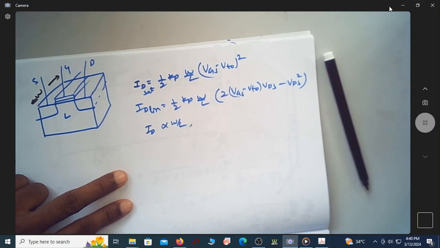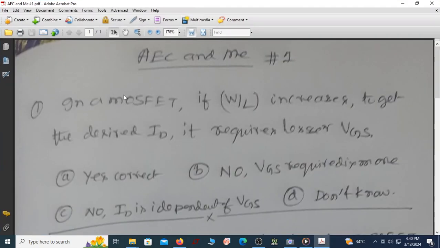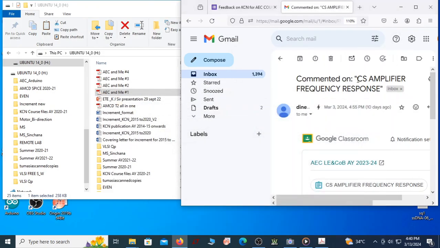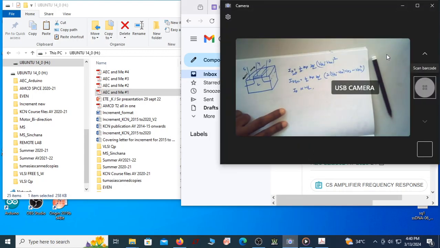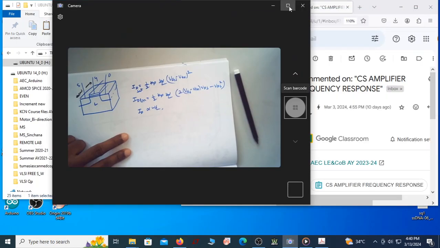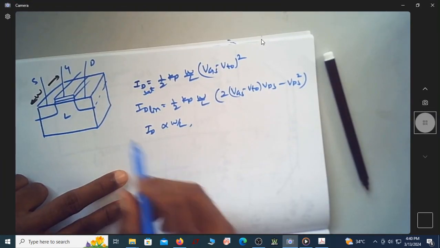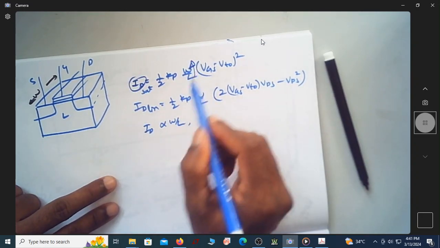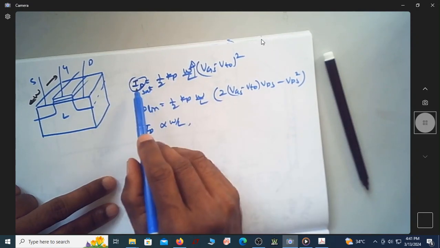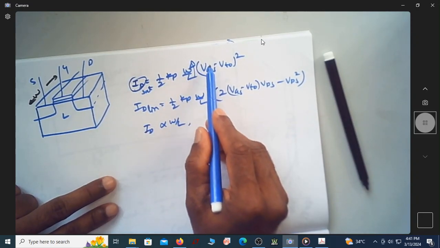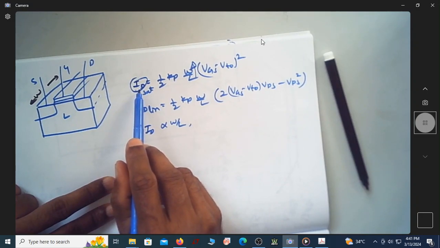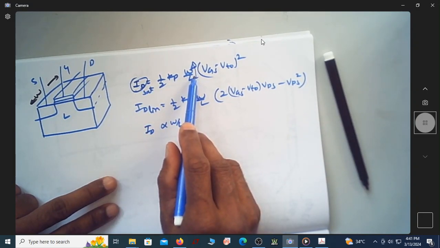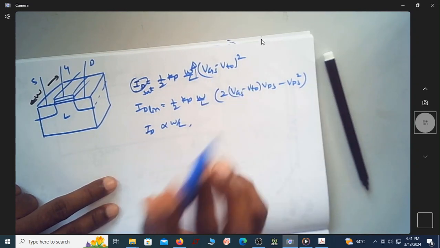Keeping this in mind, let us see the question here. In a MOSFET, if W by L increases, to get the desired ID it requires lesser VGS. Suppose you are looking for a certain value of ID, and you increase the value of W by L. Naturally, I can achieve the desired ID with an increased W by L by giving lesser VGS.